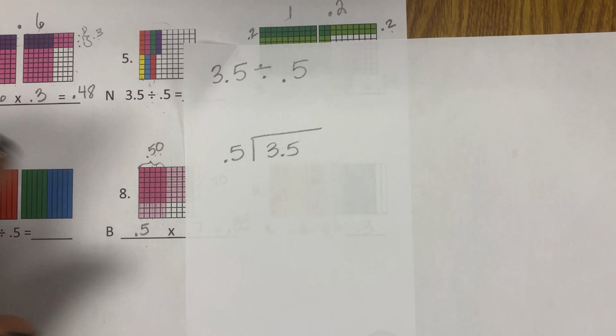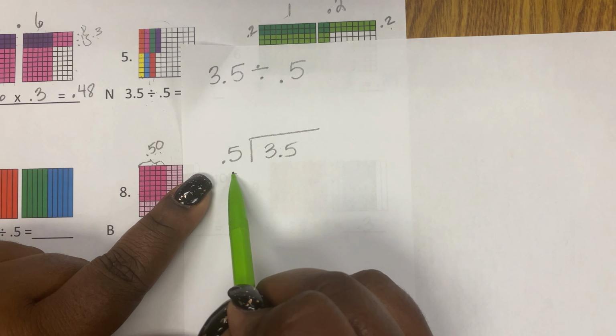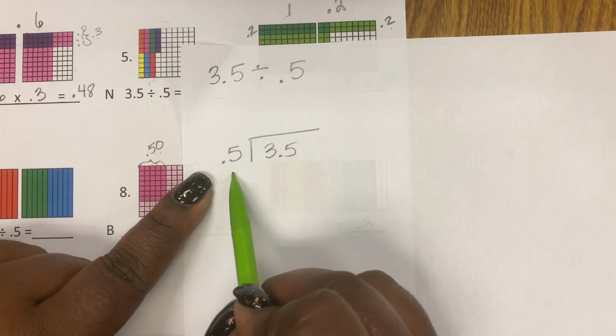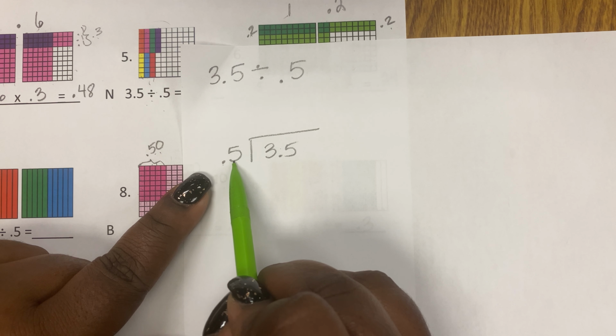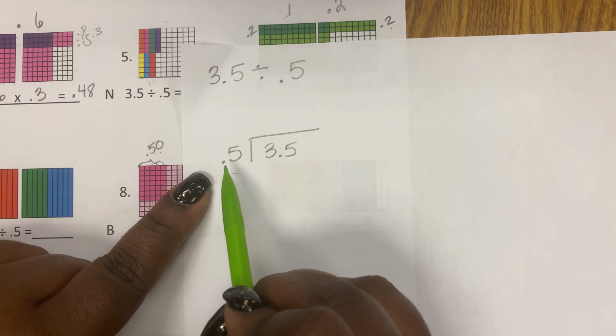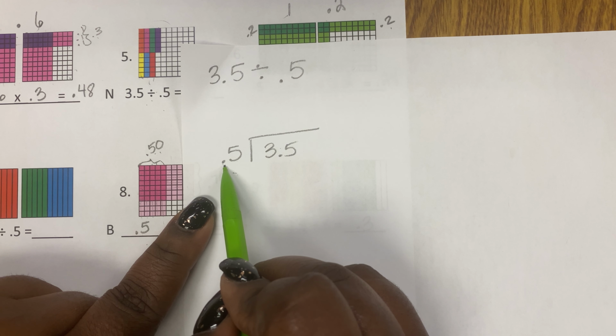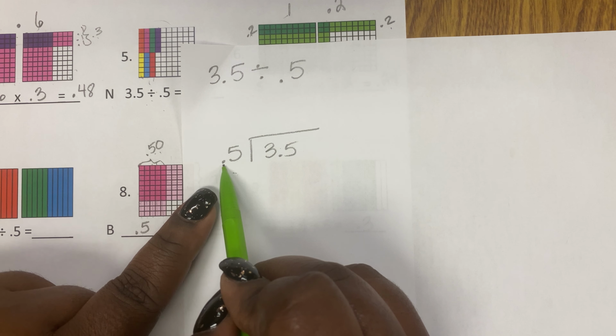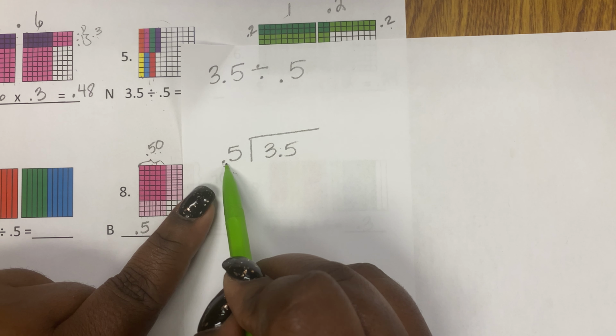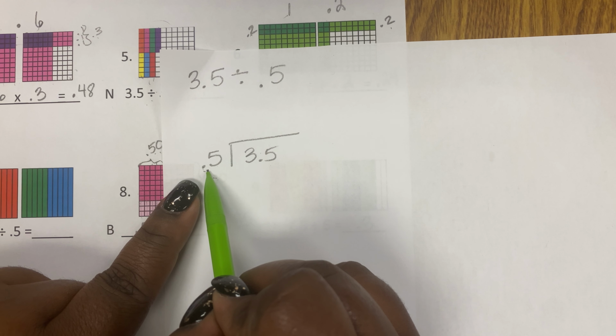First thing we're going to do is make sure our divisor is a whole number. Well, wait a minute. It's not. How do we know it's not? Because we can see that there is a digit greater than 0 to the right of the decimal. So that lets me know this is not a whole number. So we're going to multiply it by 10.